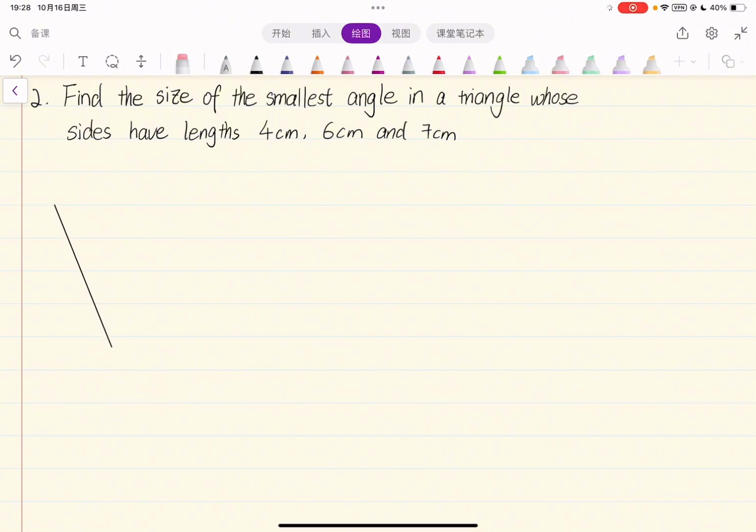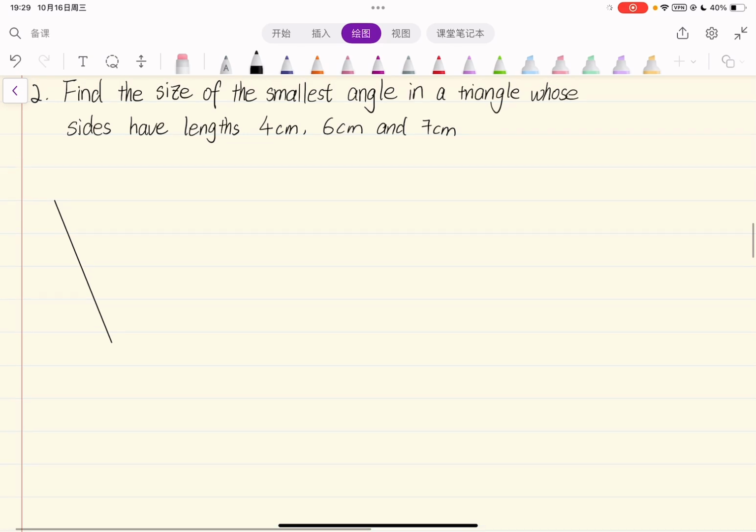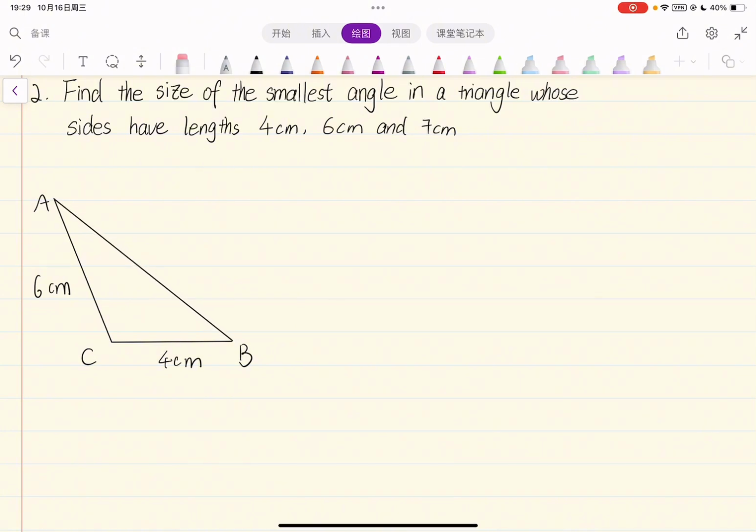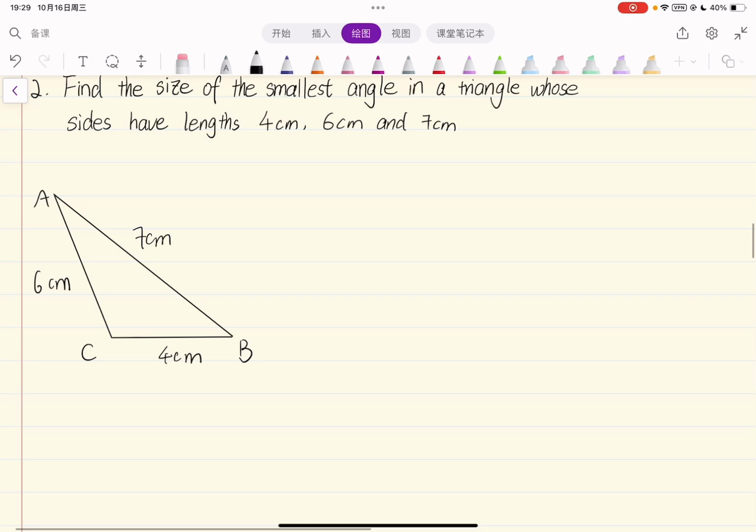Let us see, this is 6 centimeter, and we have 4 centimeter. So here is A, here's C, here's B. So here is 7 centimeter.